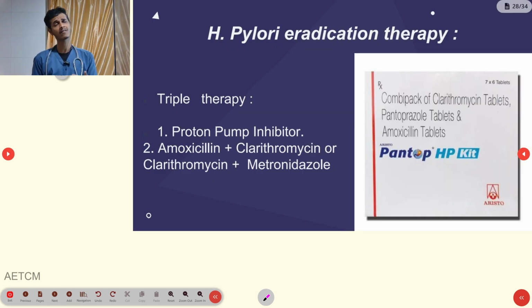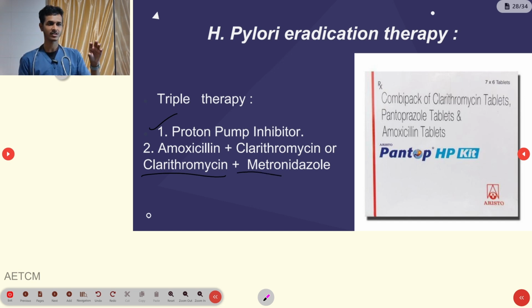And then the final one is H. pylori eradication therapy. As we said, in H. pylori cases we have to deal with the H. pylori bacteria, and at the same time we have to treat the ulcer. For that we have the triple therapy. The first component is a proton pump inhibitor, along with amoxicillin plus clarithromycin, or clarithromycin plus metronidazole.